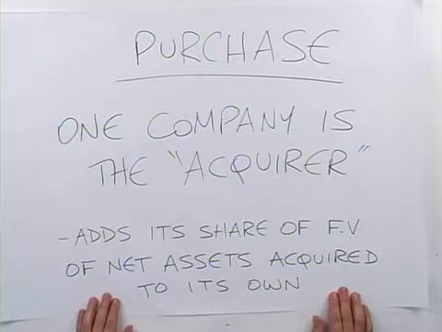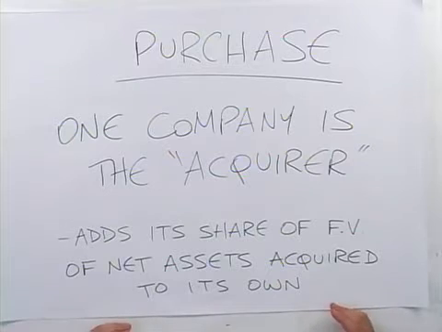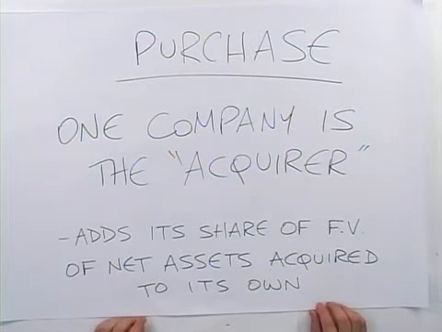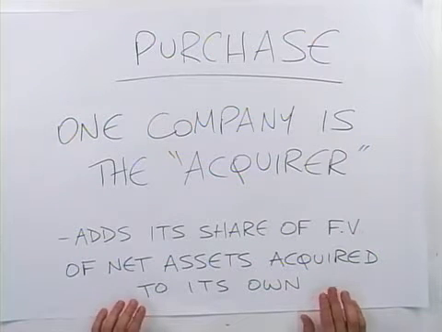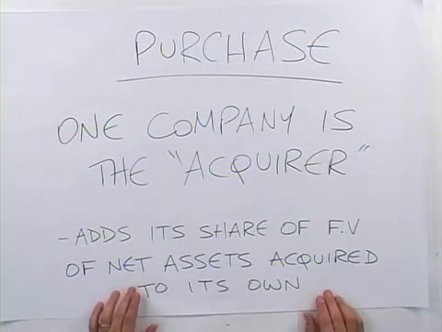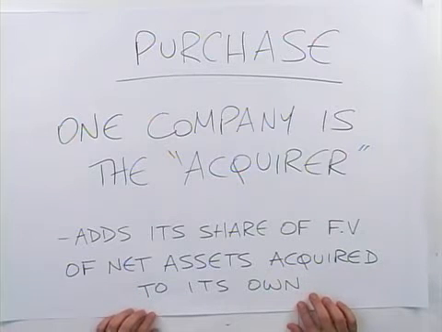They don't have to be buying the entire other company. It doesn't matter whether they're buying it with cash or with its own shares. It makes no difference. All you have to do is take the fair value of the net assets that are being bought, and the parent company will now add it to its own.